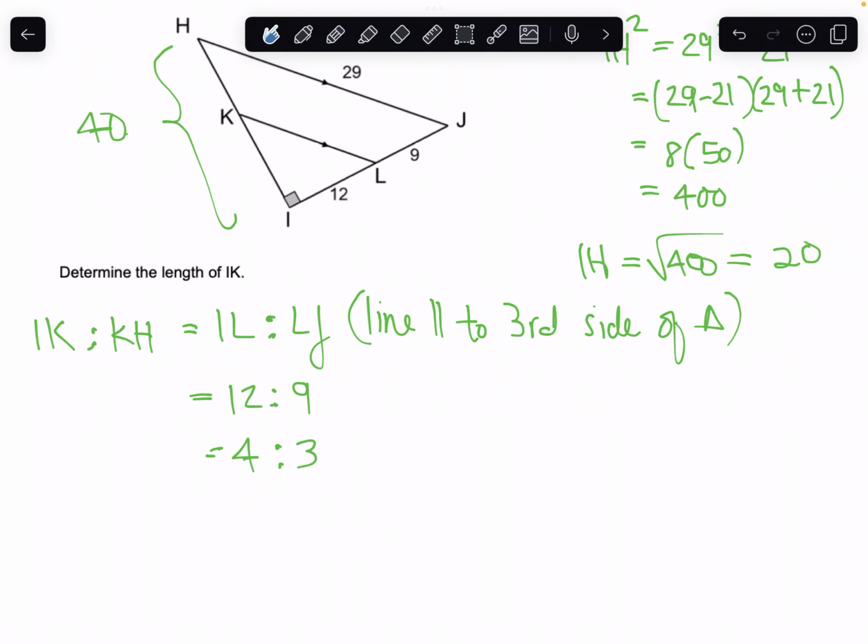So we need to then split 20 by the same ratio. Actually we're just interested in IK, so we don't even have to figure out how long KH is. So we just know that IK will be equal to 4 parts out of 4 plus 3, which is 7, of 20.